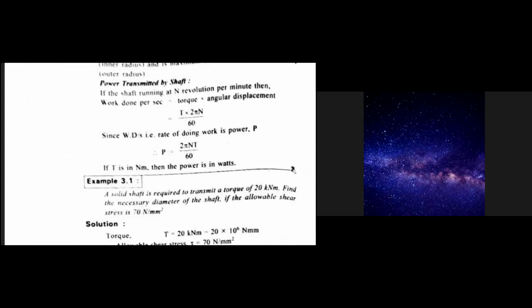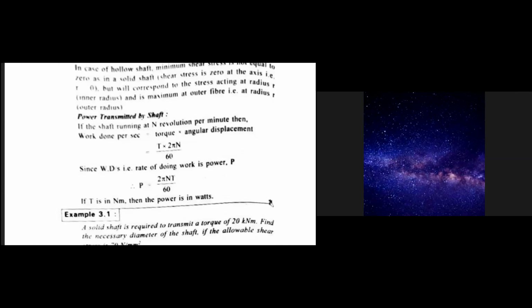One is the maximum torque transmitted by the shaft. T max is equal to pi by 16 tau d cube if it is solid. And if it is hollow, maximum torque transmitted by the shaft T max equal to pi by 16 tau into d naught power 4 minus di power 4 by d naught.